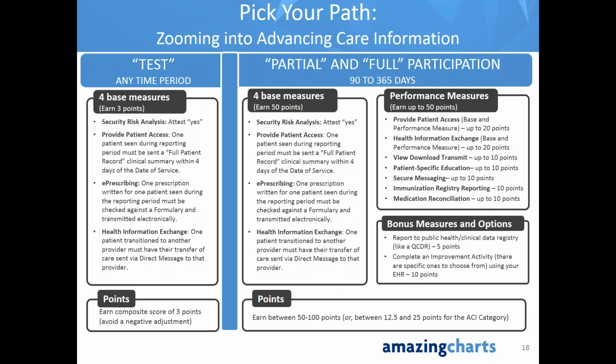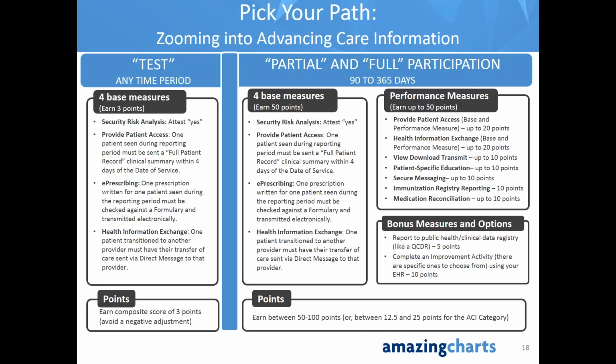So now let's take a look at scoring and put it in the perspective of the participation paths I referred to that you decide to do. This slide encapsulates much of what we just covered. All right? If you choose to do the test path, you only have to do one of the 3 categories.